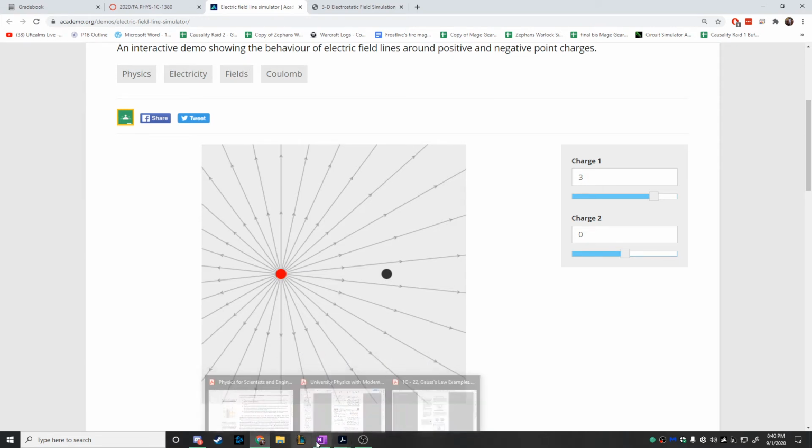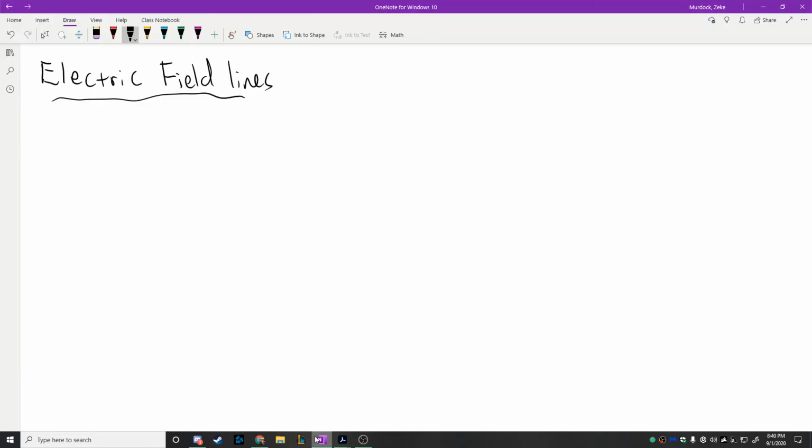I'm going to write that down on our little notes right here: electric field lines are tangent to the E fields. The density of the lines is proportional to the field strength.